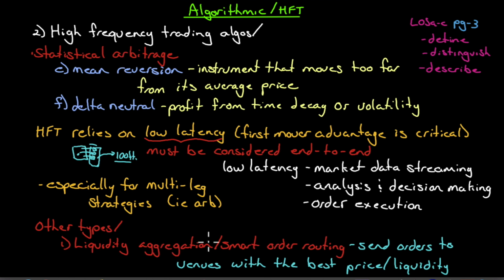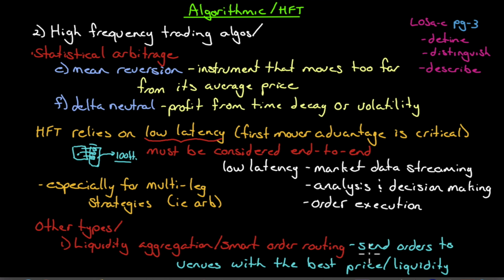Most brokers offer this. The default for almost any order that you enter now, I use Interactive Brokers, is smart order routing. And what this does is it'll send your order to the venue or the exchange that has the best price and best liquidity. So you don't have to decide. You don't always have to say, look, I'm going to take this exchange and trade on this exchange. It'll reroute it for you and balance out price and liquidity.